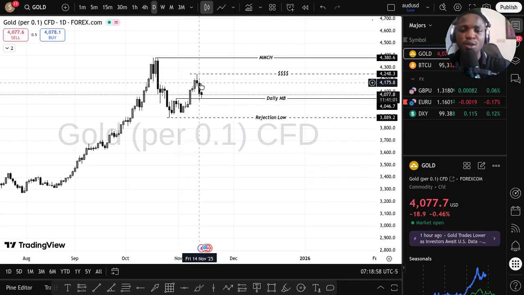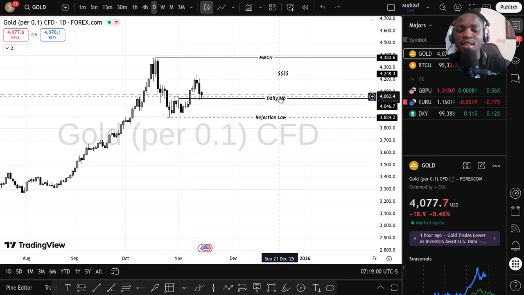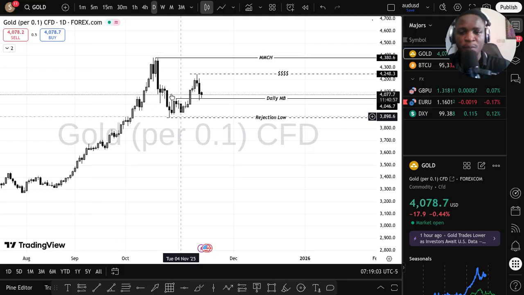So this is my daily mitigation block because it's on the daily time frame. You see that price retraced into this point, and you see the rejection. Friday evening, price got in here and rejected, and we started seeing price buying back up. Let me take this over here.